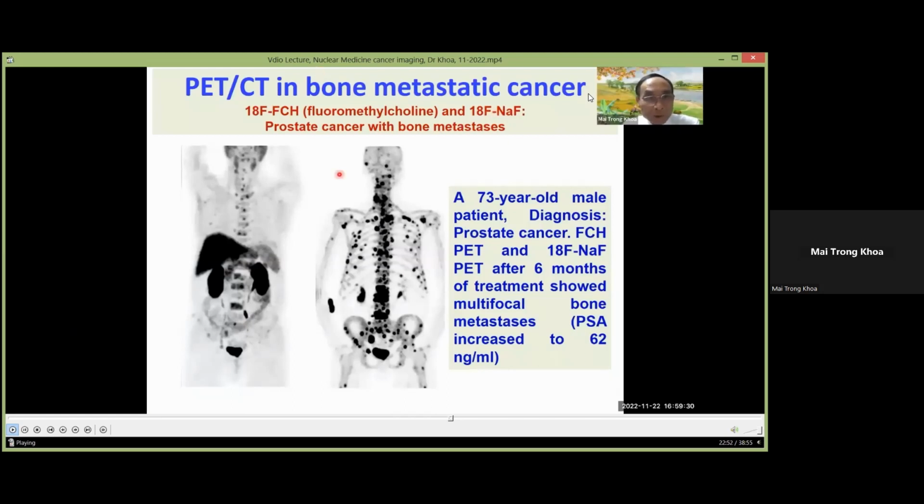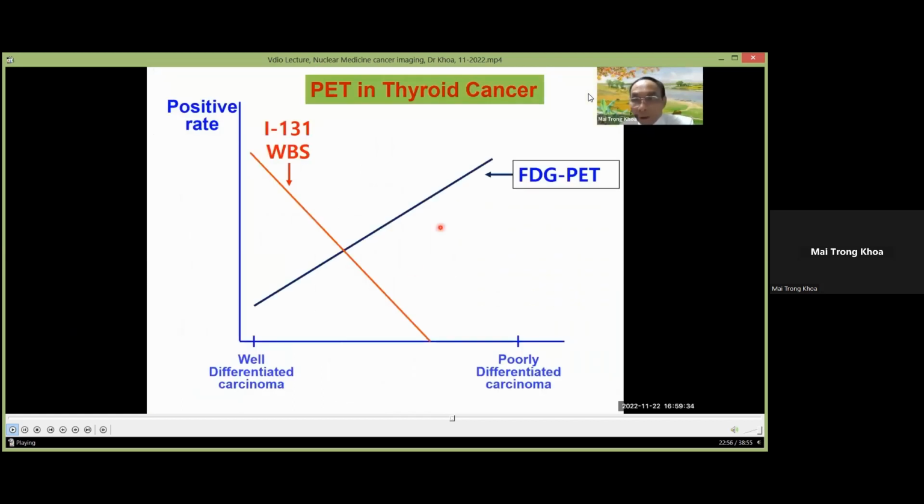You can see here. And it has a very high positive rate for poorly differentiated carcinoma. You can see here.